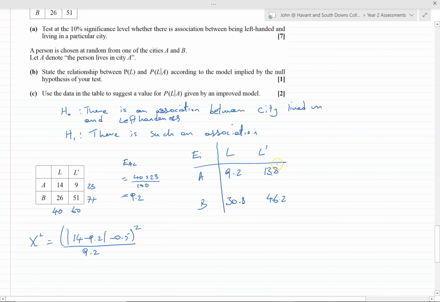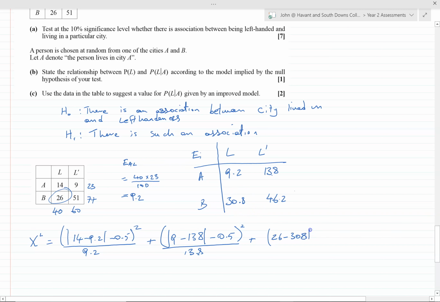And then for this cell here, we can do 9 minus 13.8, take away 0.5, squared, divided by the expected number, which is 13.8. And then we can look at this number here, 30.8. So that's 26 take away 30.8.